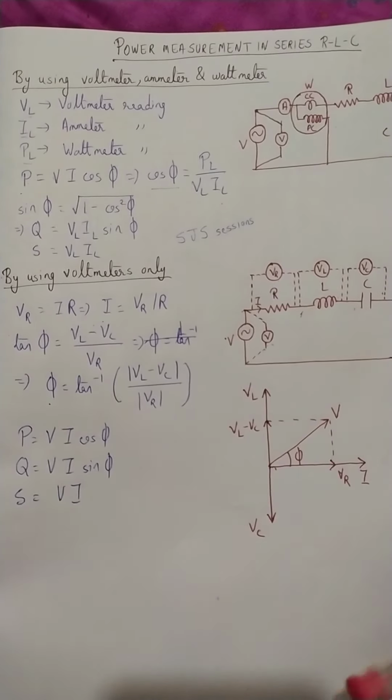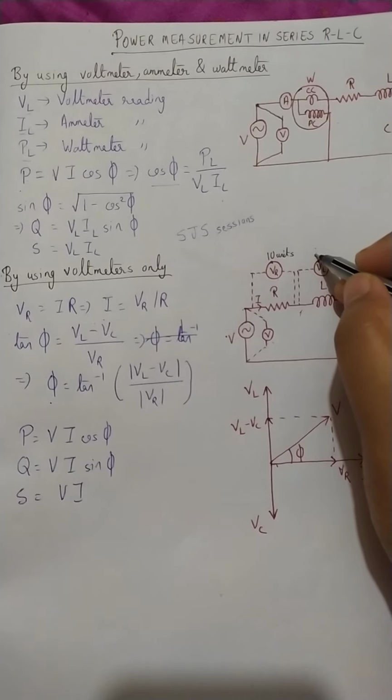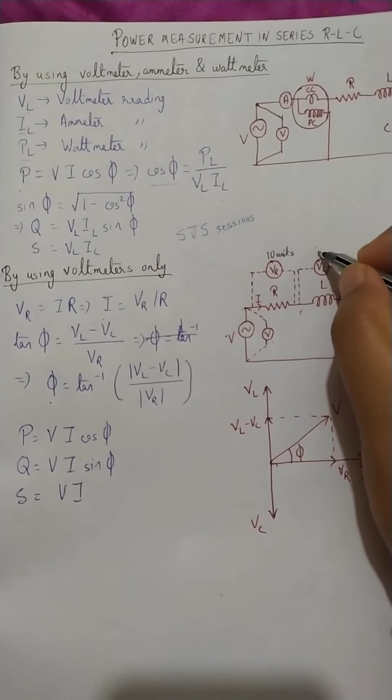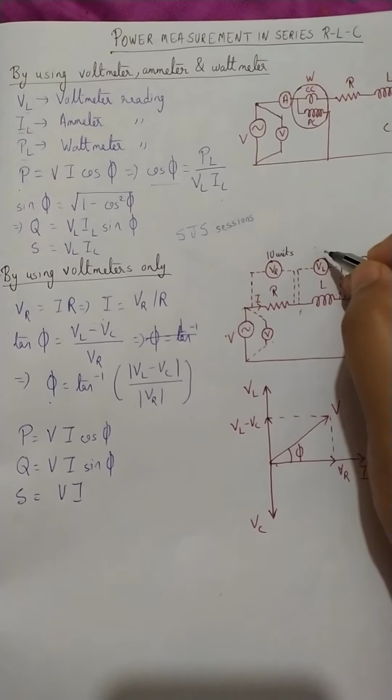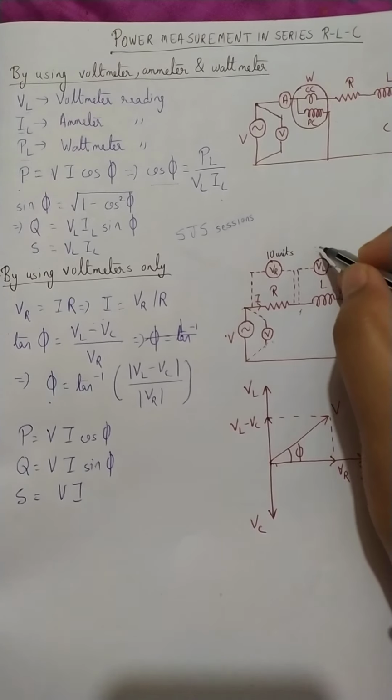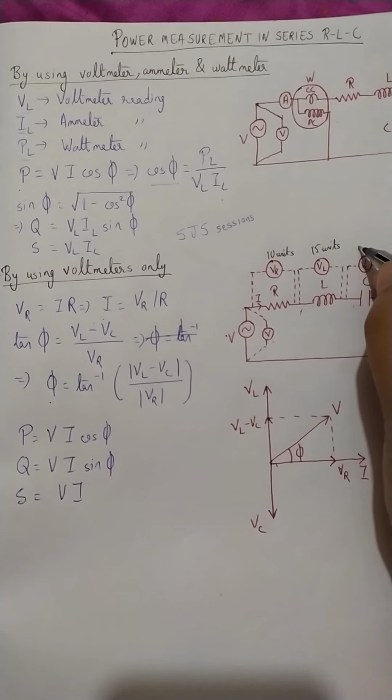Then VL is, say, 15 units, let us suppose, and VC 5 units.